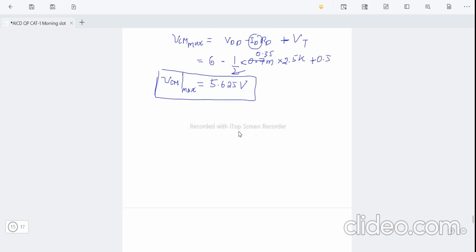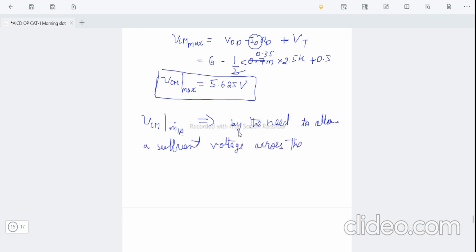Similarly, we shall find VCM min too. This is determined by the need to allow a sufficient voltage across the current source to operate properly.